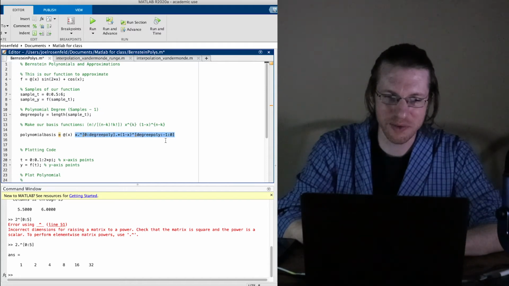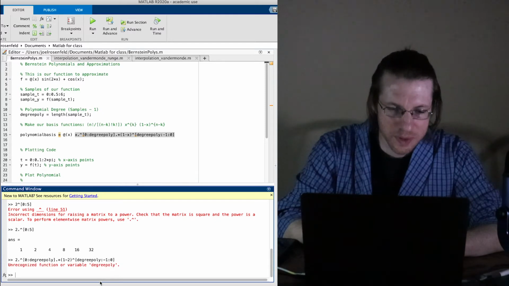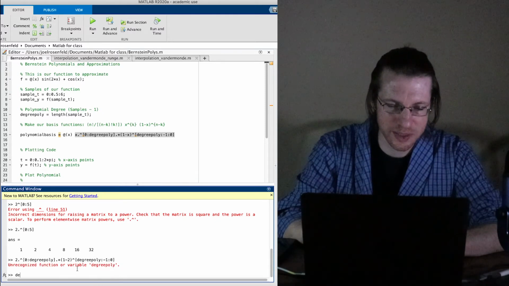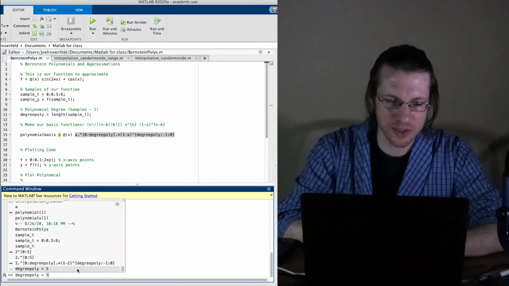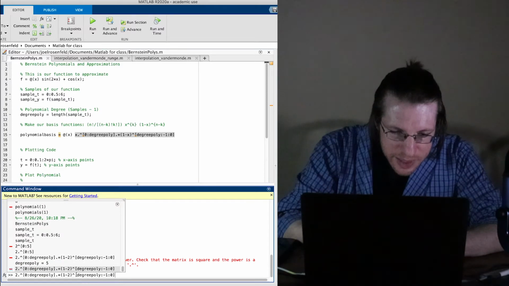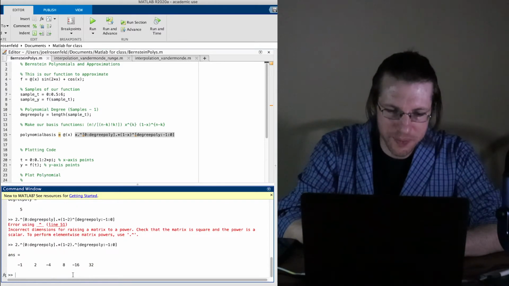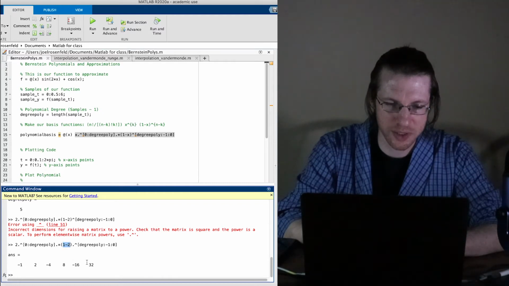If you want to see what that'll give you, let's put this in, and I'll just put 2 here, and 1 minus 2 here, and then just say degree poly is equal to 5. And I need to put a period there. Okay, there we go. So basically, we're going to be multiplying by -1 for each one of these terms.